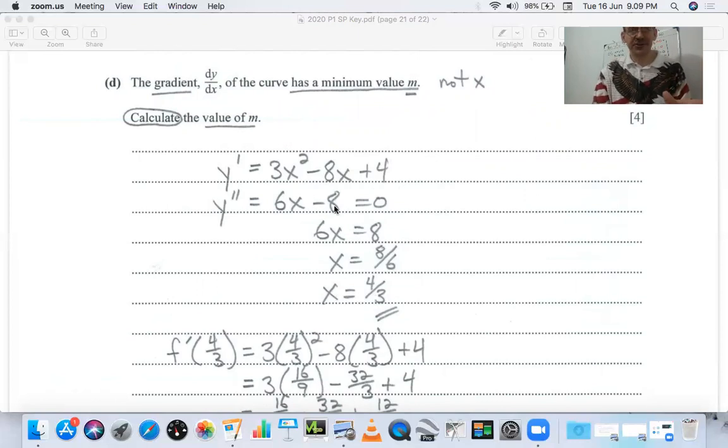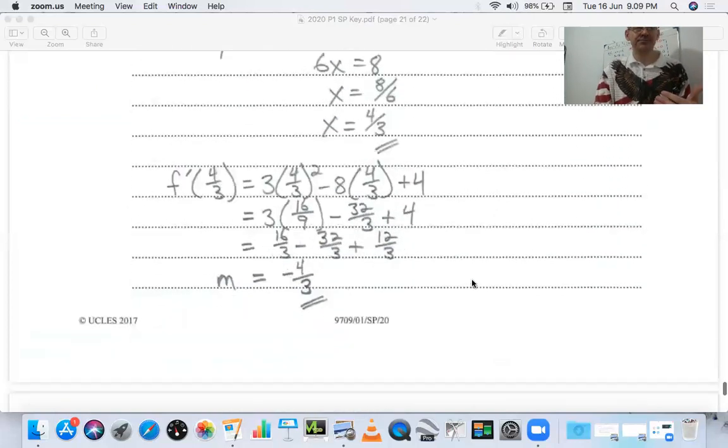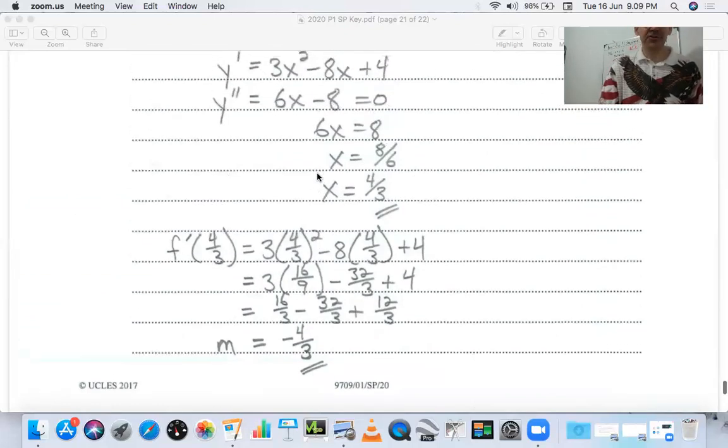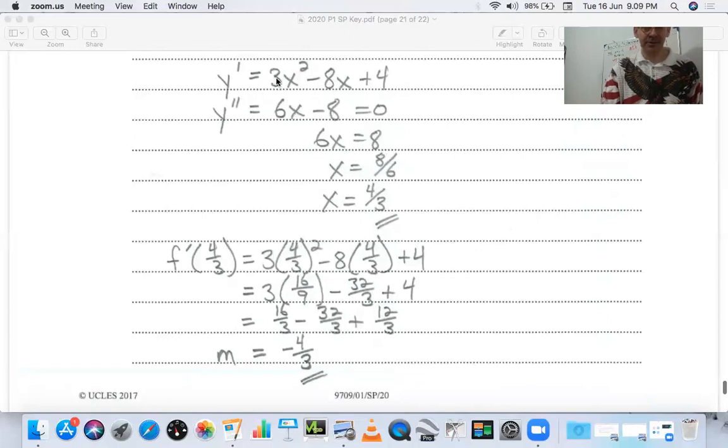So we did the first derivative of our first derivative, which is actually the second derivative of the original, set it equal to 0, got x equals 4/3. Now to find the value of m, we need to plug it into that first derivative. So our first derivative, our dy/dx, or just f prime, evaluated at 4/3, gives us 3 times 4/3 squared minus 8 times 4/3 plus 4.